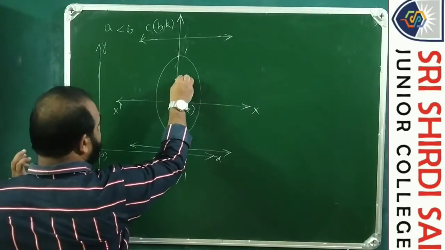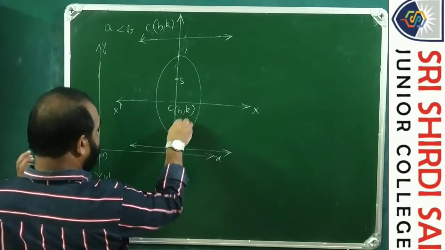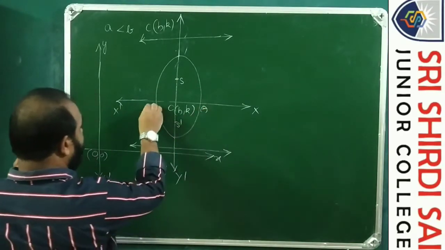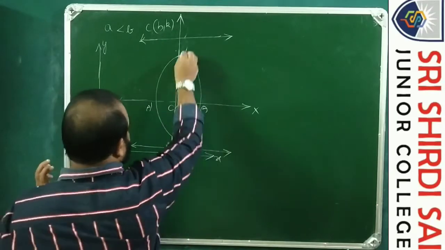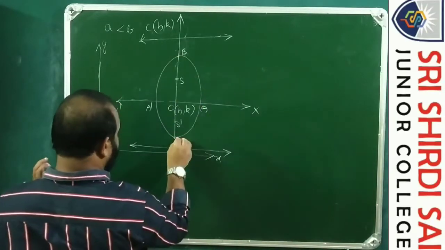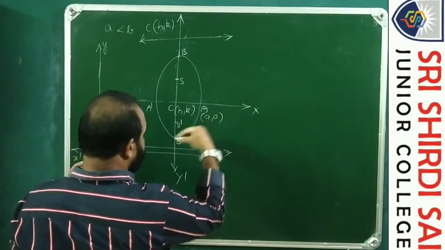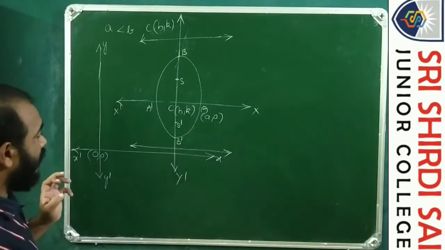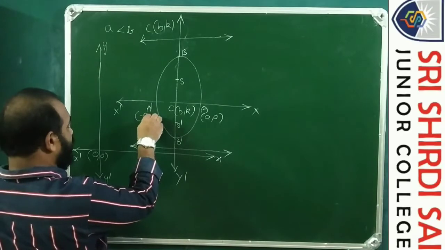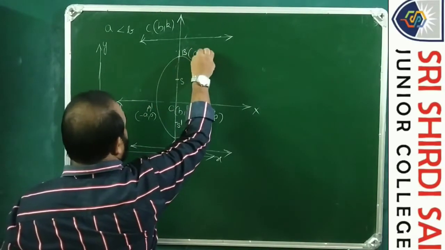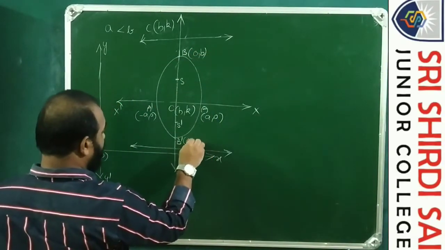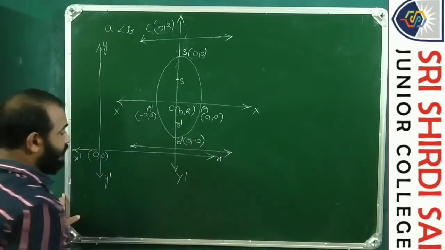Here this is B dash, this is a comma 0, this is minus a comma 0, this is 0 comma b, and this is 0 comma minus b.